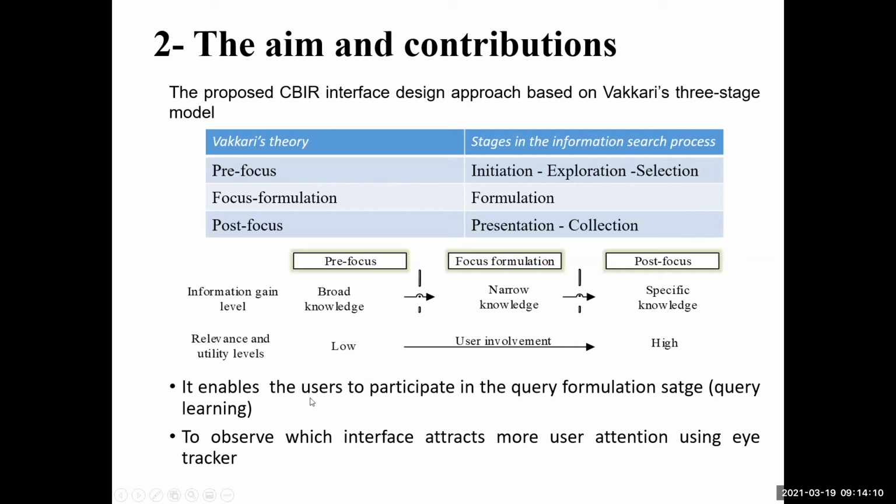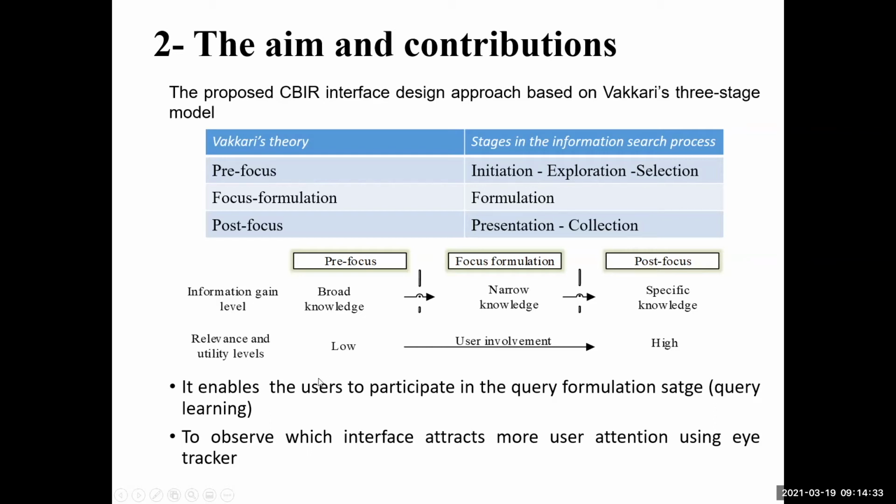The benefit of using this Bakary stage model is that, as we can see, in the pre-focus stage in information retrieval scenarios, once the participant initiates the search, there is broad knowledge that might bring the relevance scores very low.